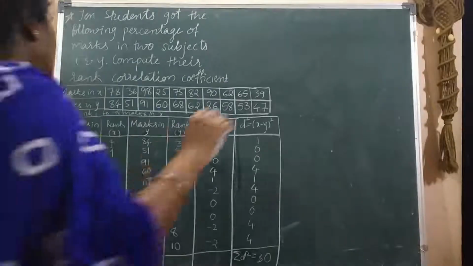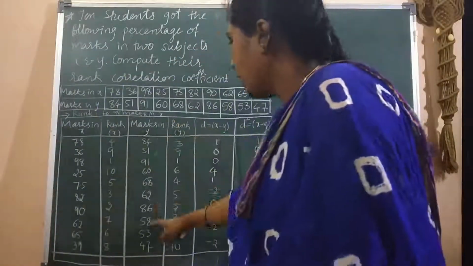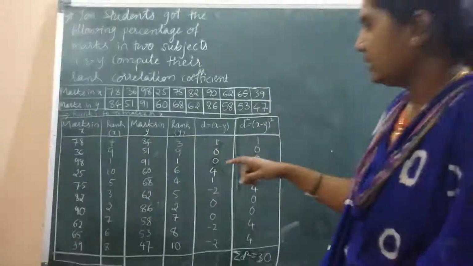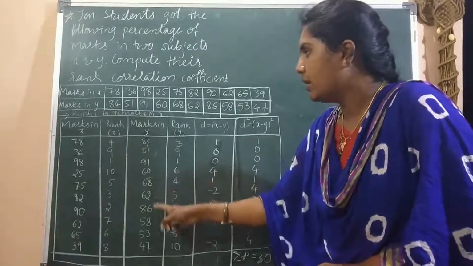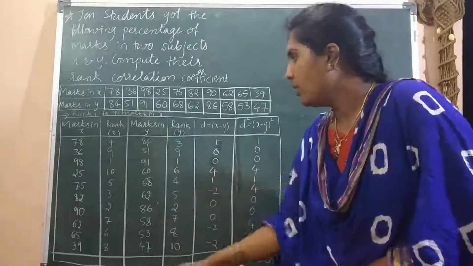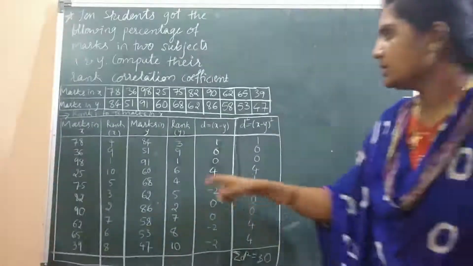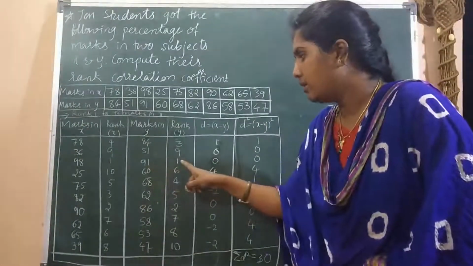Next, here I have written marks in Y. Similarly, here also I have given ranks from 1 to 10 to whatever marks they have obtained. For 91 I have given 1.